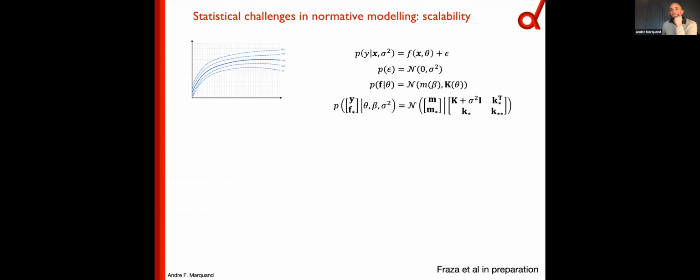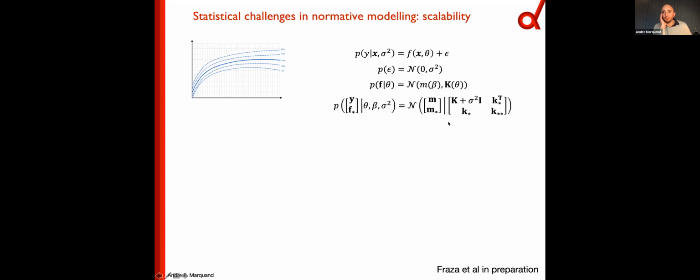Normative modeling, the way I've been describing it so far, is based on using Gaussian process regression, which I'll just walk you through. So we have some kind of function, and we assume Gaussian residuals, and we have a Gaussian process, which you can write in this way. It turns out to be a Gaussian distribution over some kind of mean function and a covariance matrix.